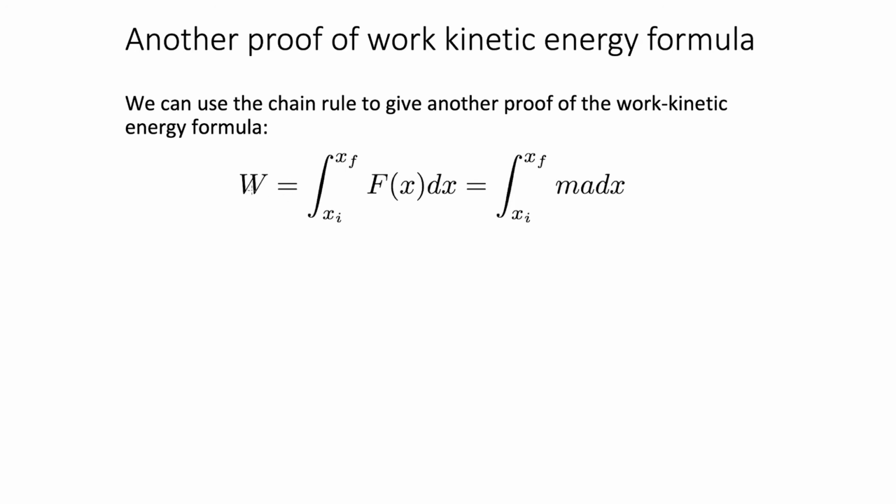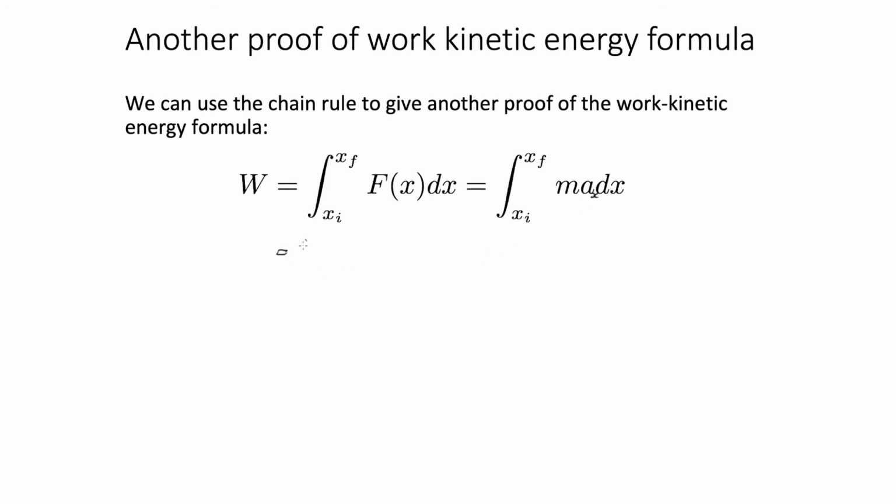Okay, so if the work done is equal to the integral of Fx dx from the initial x to the final x, here we're just assuming that it's only got motion in the x direction. And then this is equal to, according to Newton's second law, m a dx, where this is a x, so it's an acceleration in the x direction.